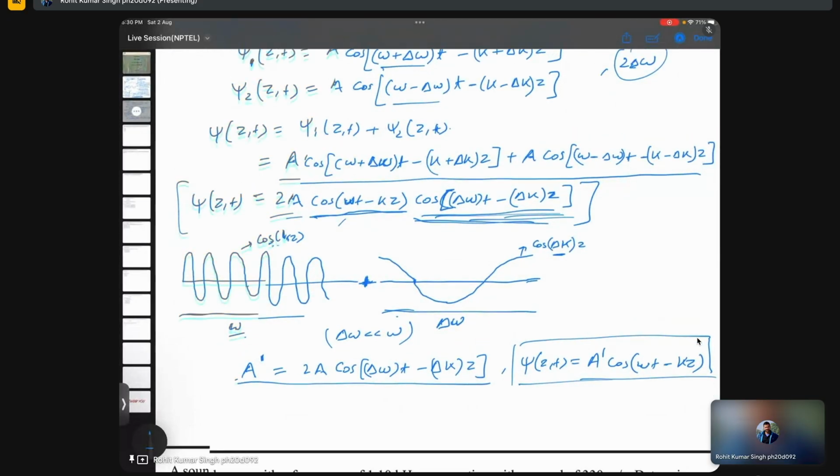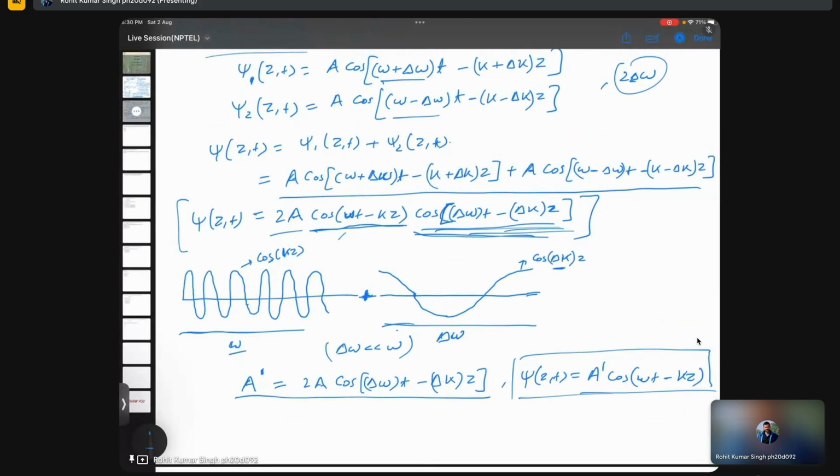But how do we interpret this? Or how do we represent this? I'll just draw it, and then I'll tell you how it is interpreted. Again my drawing is bad.